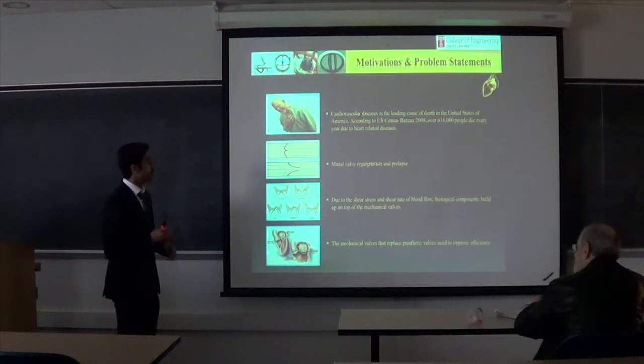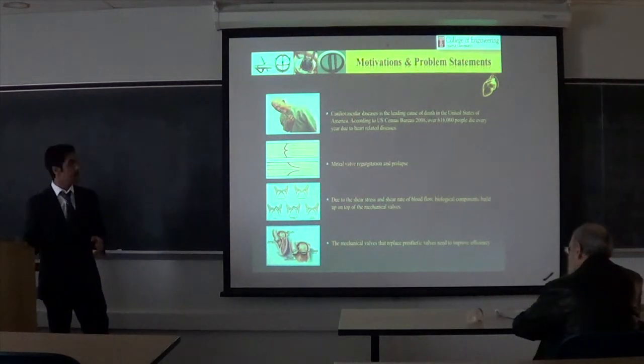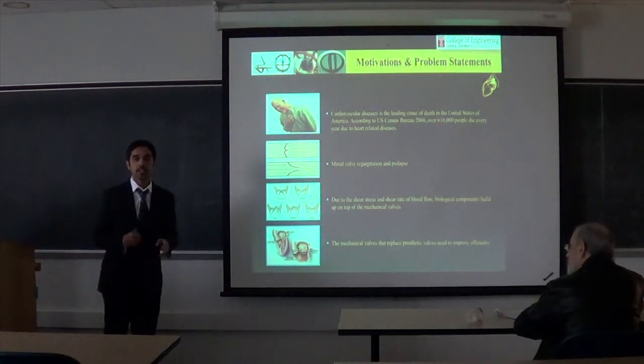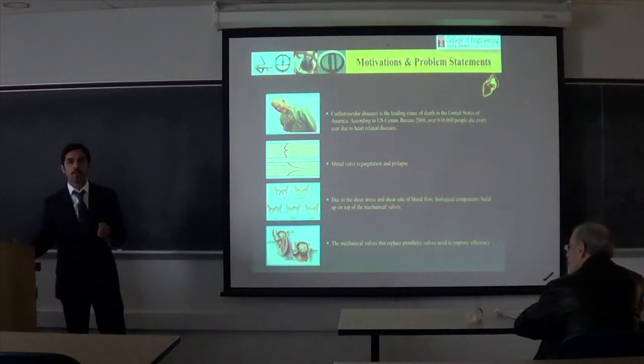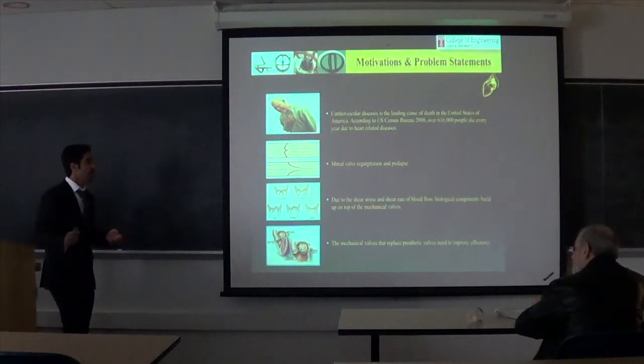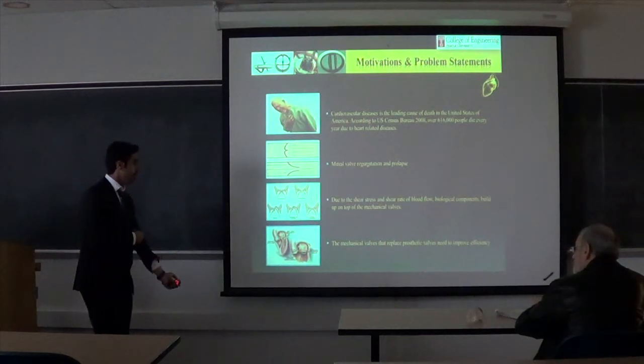Most of these diseases happen because of valve issues, especially mitral valve issues. This valve is located between the left atrium and the left ventricle, and its function is to prevent the backflow of the blood, and the loss of this function will cause regurgitation and prolapse of the valve.